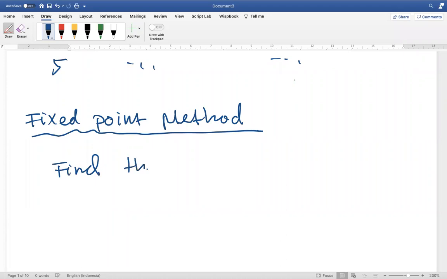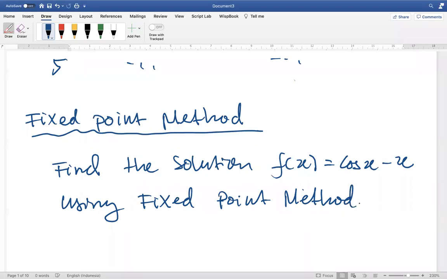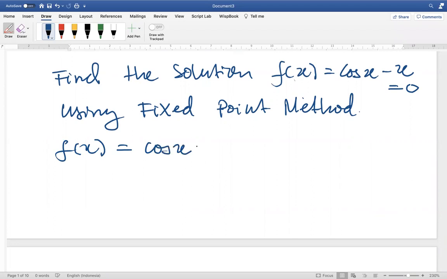The solution: the same function, f(x) equal cos x minus x, using the fixed point method. So in here you see that we have f(x) equal cos x minus x.